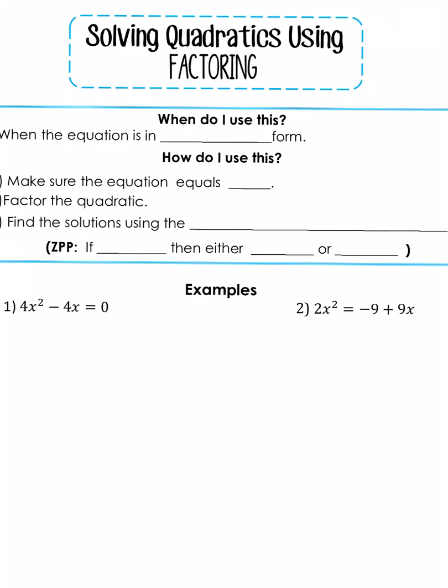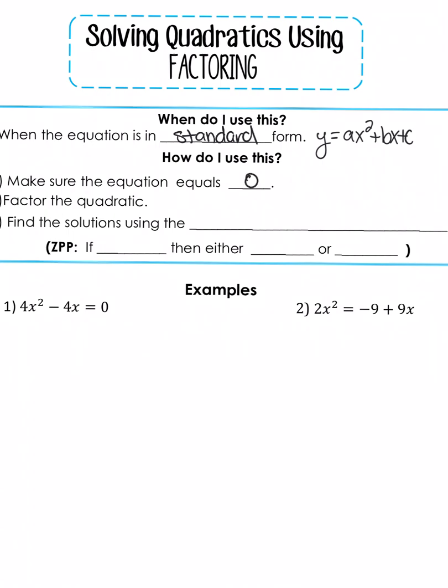So the method that we're using today is going to be solving by factoring. We use this method when our equation is in standard form. So standard form is our y equals ax squared plus bx plus c. If I'm trying to find my solutions or x-intercepts, that means my y value needs to equal 0.